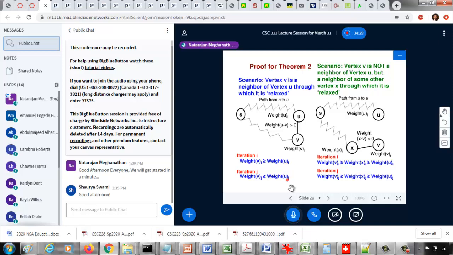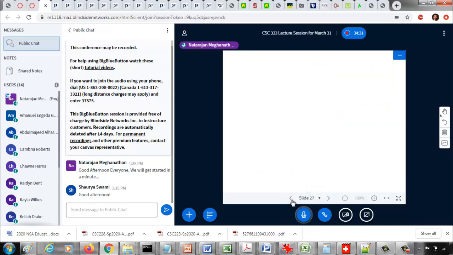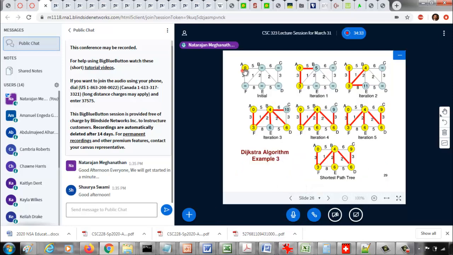You see in the example it is 0 for A, then 3 for F, then 4 for B. So the shortest path weight for B, which is 4, is greater than that for F, which is 3.